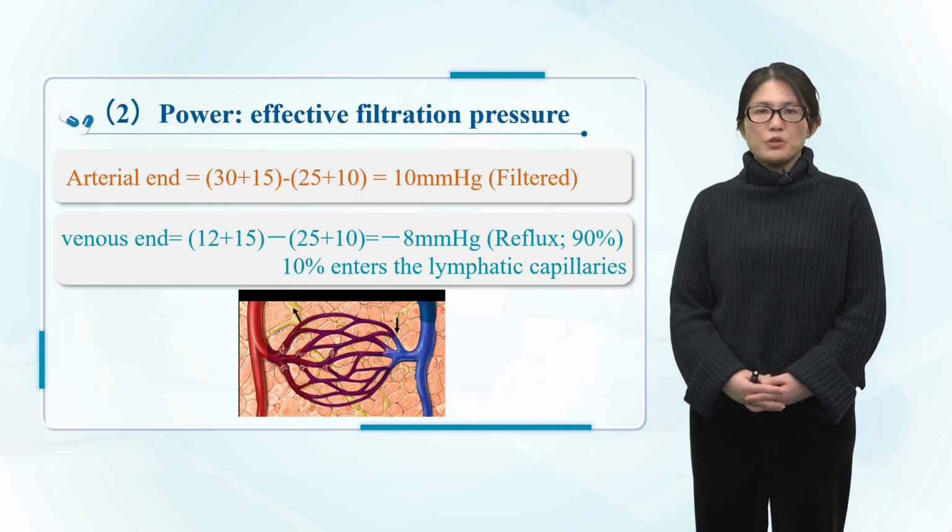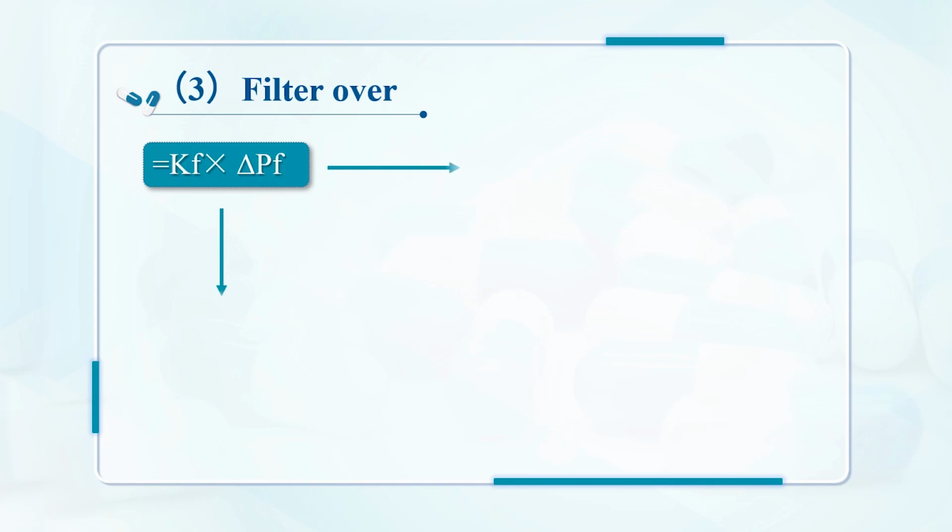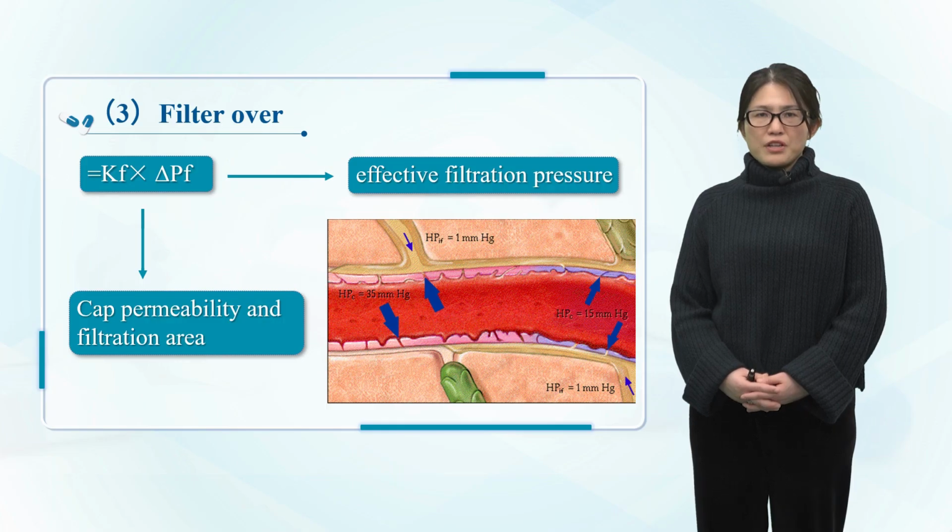The difference between the filtration force and the reabsorption force is called the effective filtration pressure. The amount of fluid filtered through the capillary wall per unit time is equal to the product of the effective filtration pressure and the filtration coefficient.